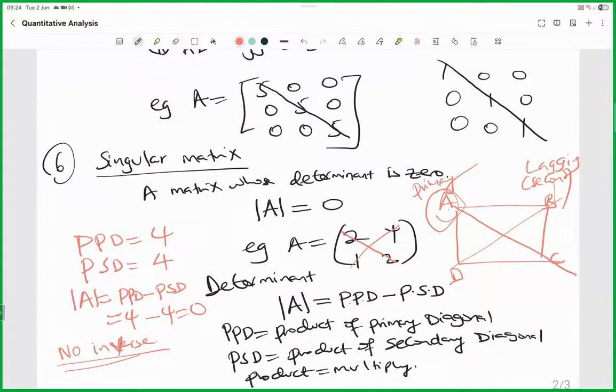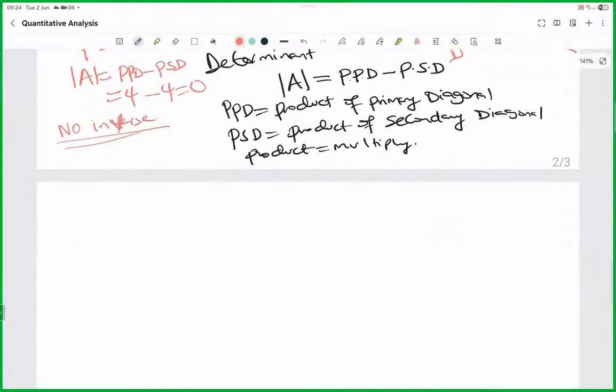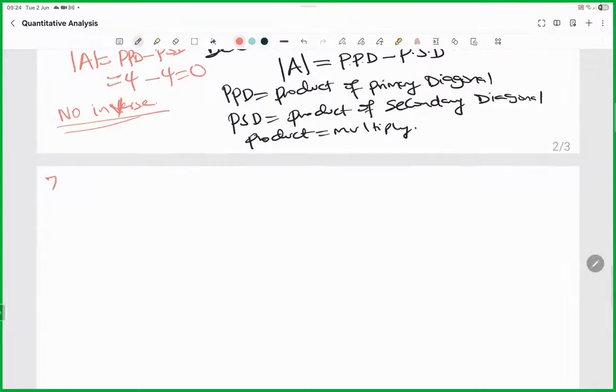If you look at your past papers, you will get some other funny types of matrices. For example, number 7, they may want you to define a vector matrix.